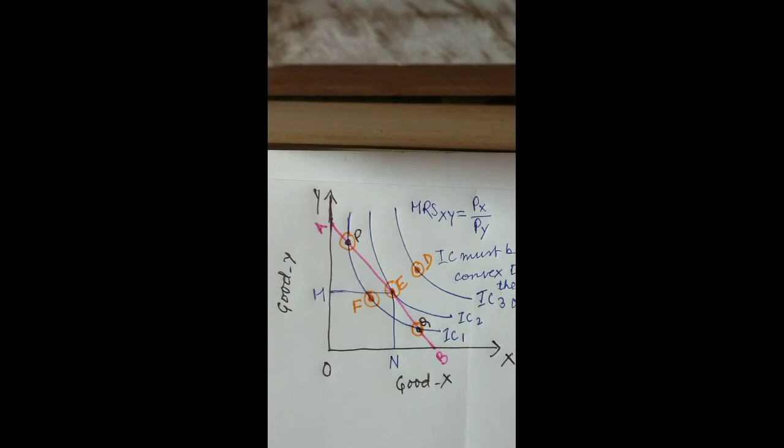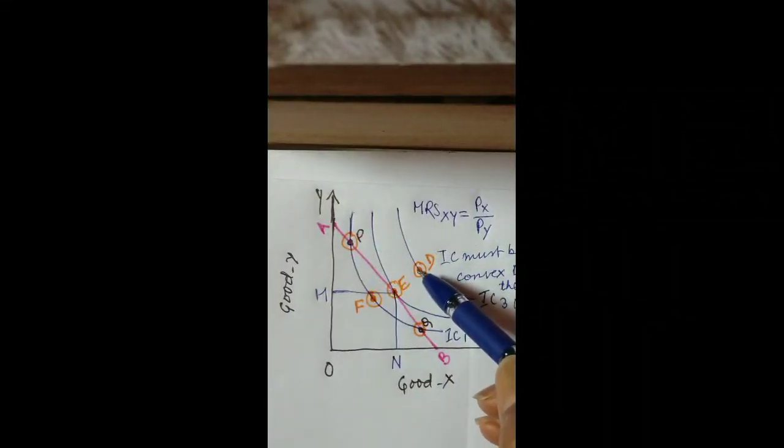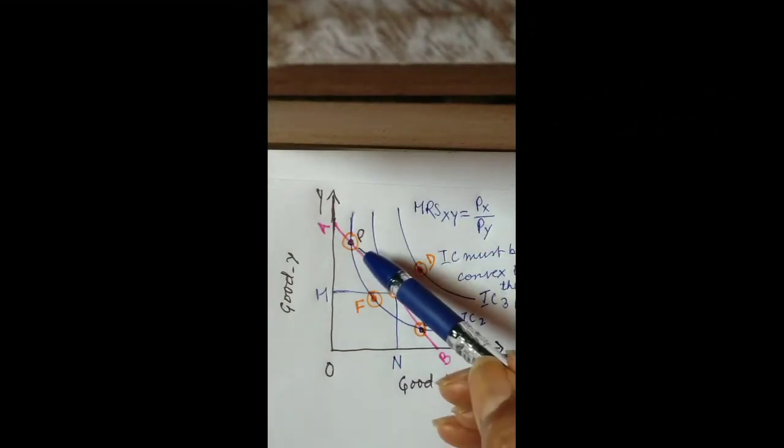Now I think everything is clear. Once again, I want to explain all the points. Combination D, the consumer cannot buy, though he wants to buy because it will give him highest satisfaction. It is out of his budget.